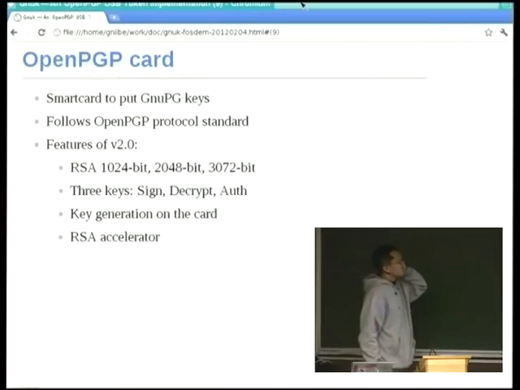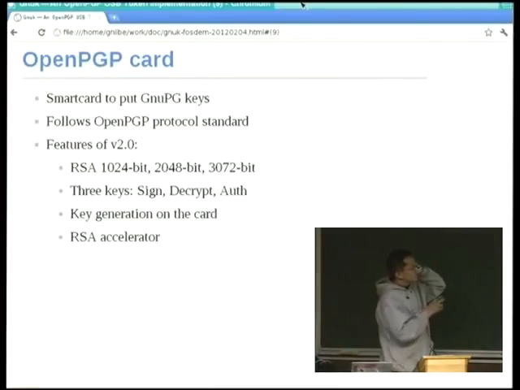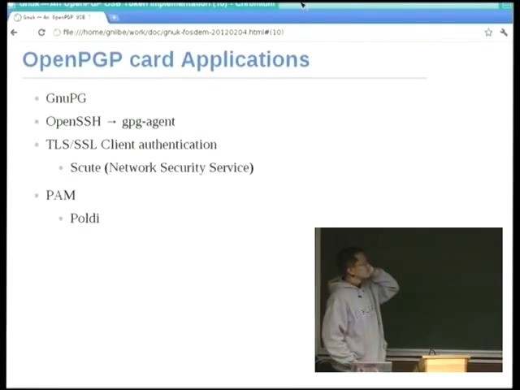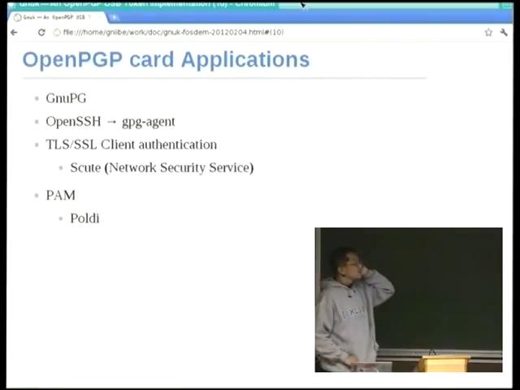The feature of version 2.0 is that it supports 1024-bit keys to 3072-bit keys, and it has an RSA accelerator on the chip. Users can use the OpenPGP card with GnuPG, as well as OpenSSH through GnuPG agent. We can also use the card for client authentication for TLS or SSL.